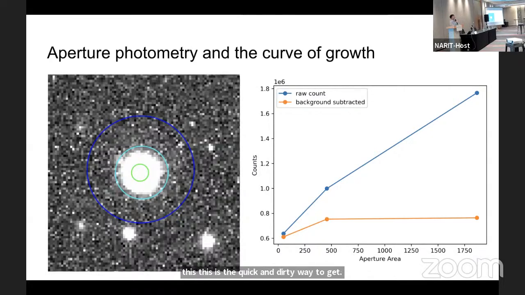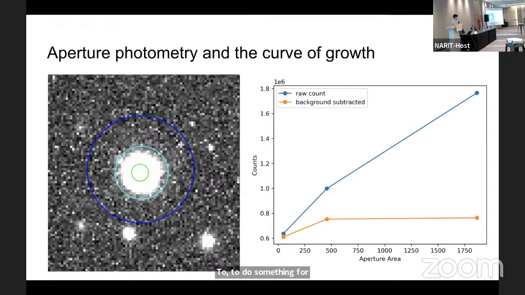Another thing that you do for aperture photometry is that sometimes the optimal size of the aperture for different objects will be different, because bright things might have detectable flux out to much larger radii compared to fainter things. In that case, you might want to use different sizes of aperture to do photometry for different objects.